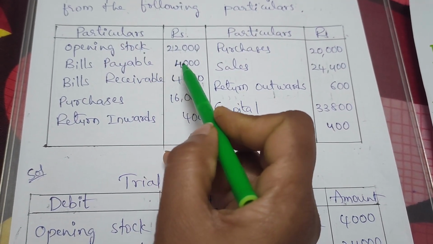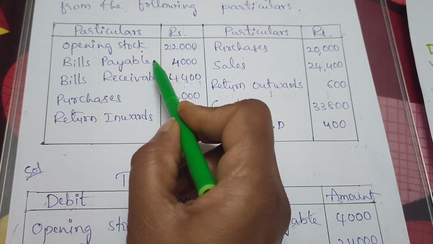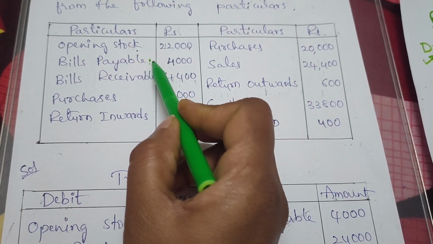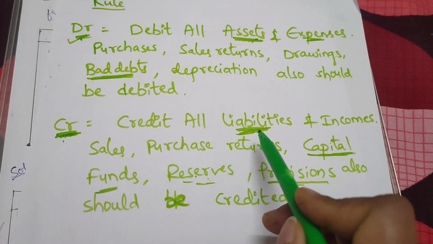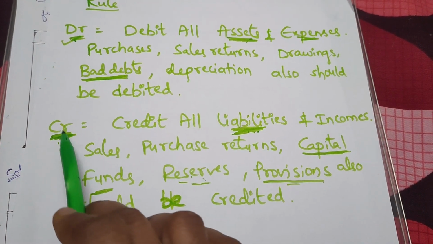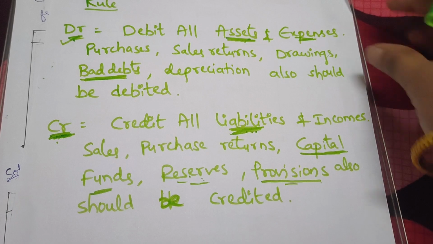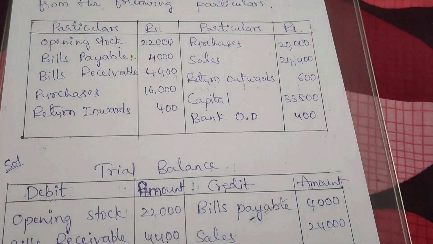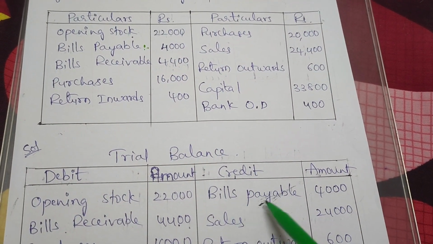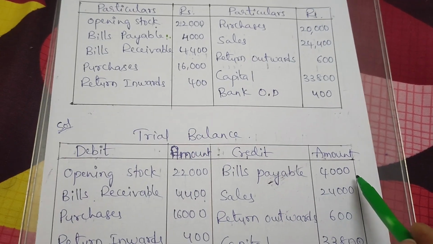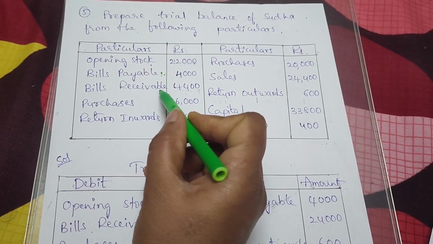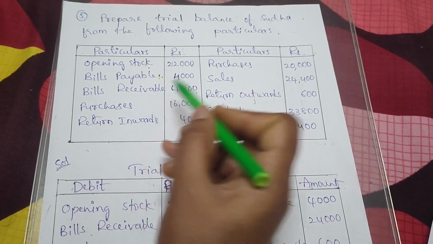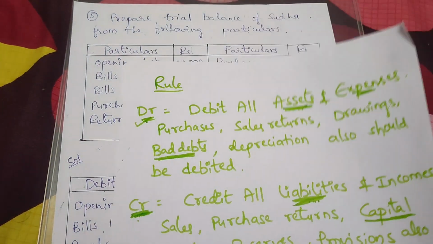Bills payable. Bills payable is liability, students. So liabilities we have to credit. That is why bills payable is recorded under credit, 4,000. Next one is bills receivable. Bills receivable is asset. All assets we have to debit.